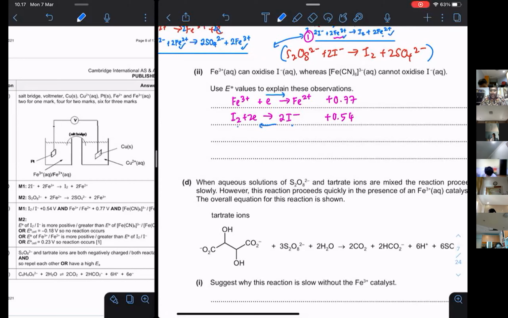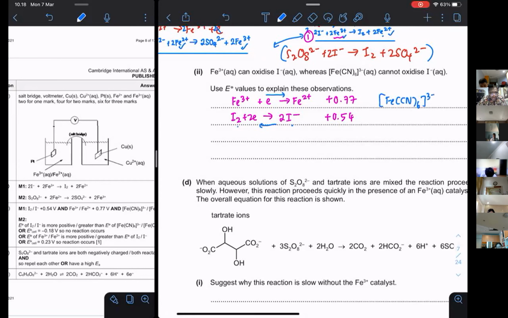But they mentioned Fe(CN)6 3-, so let's look at something related to it.